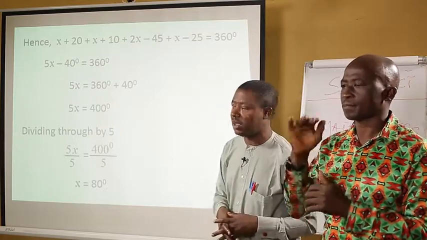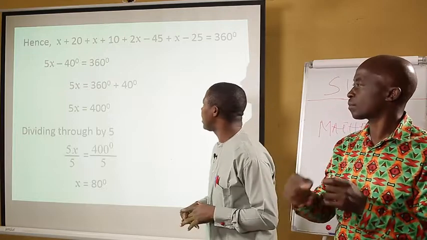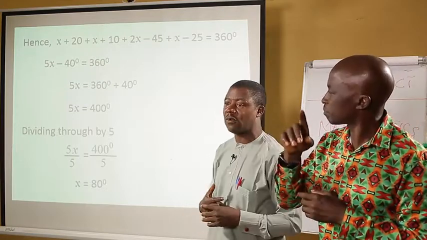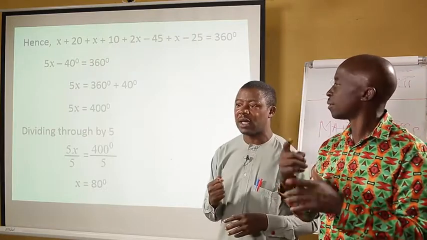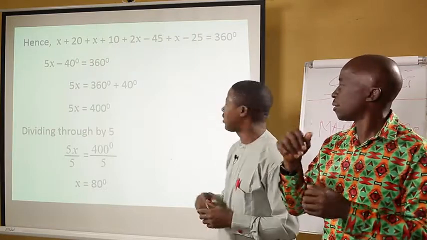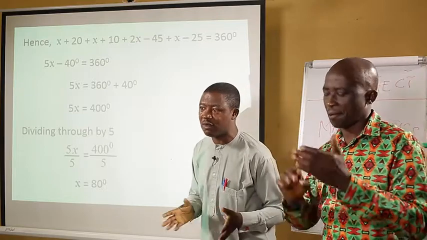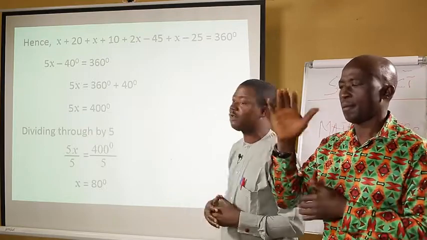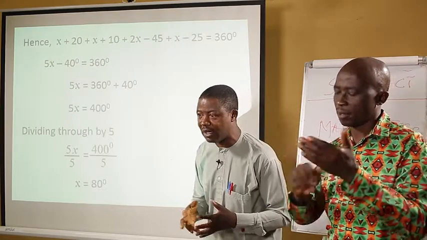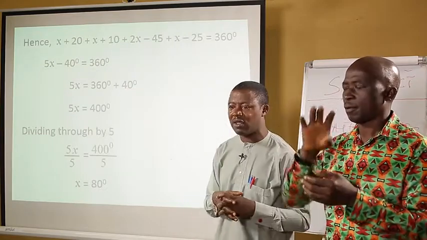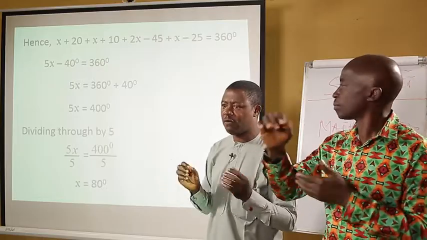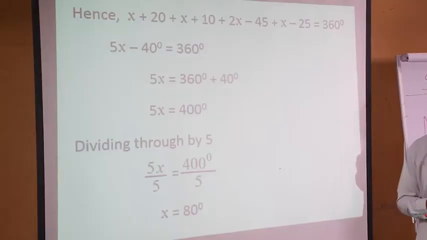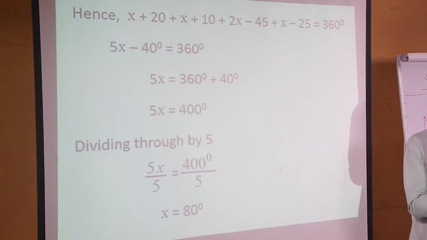By simplification, x plus x plus 2x plus x is 5x. Then 20 plus 10 makes 30, and 30 minus 45 is minus 15. Minus 15 minus 25 gives us minus 40. So we have 5x minus 40 equals 360 degrees.